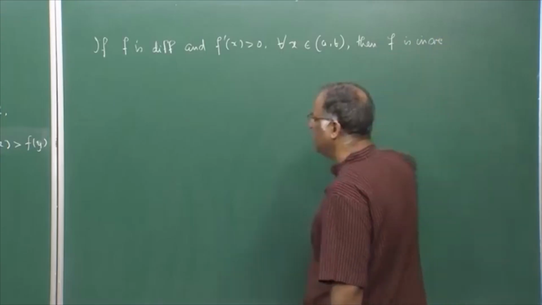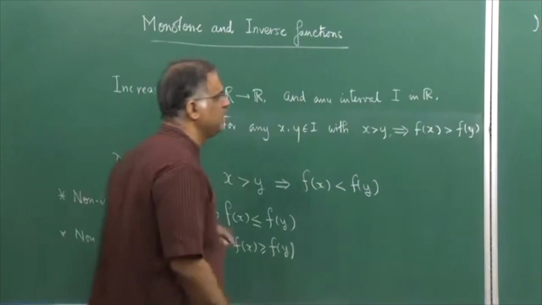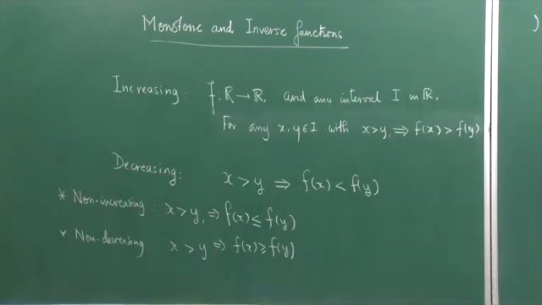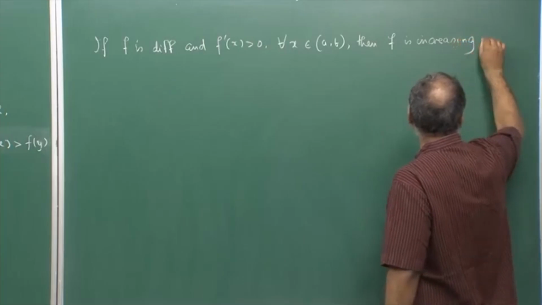After these terms were coined in the literature, some people started calling these strictly increasing and strictly decreasing, but we will keep on calling them increasing and decreasing. Increasing in (a, b).